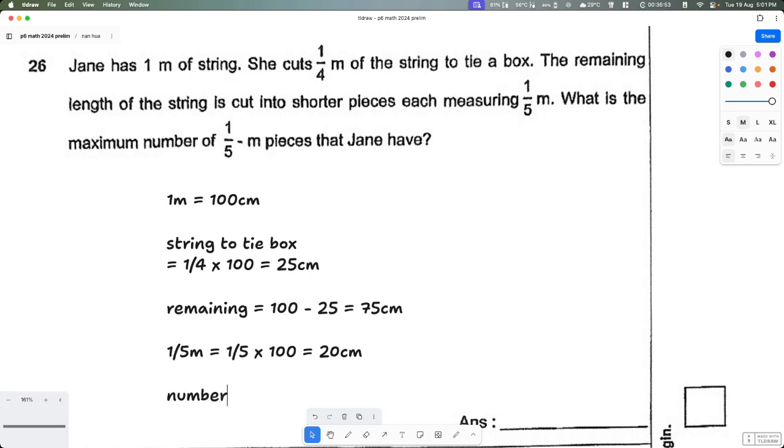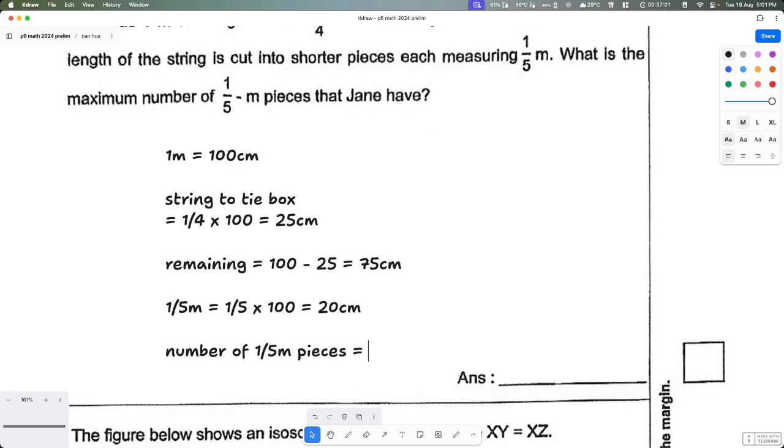So the number of 1/5 meter pieces is equal to 75 divided by 20.